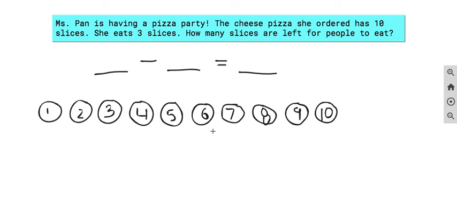We have our 10 starting number. Now how might you show 3 being taken away?